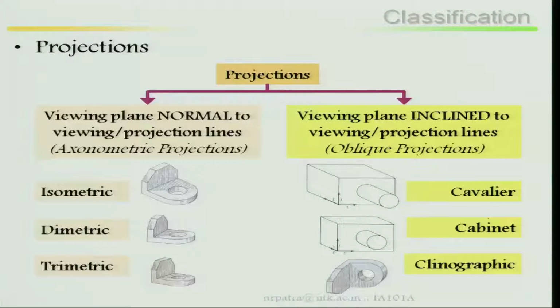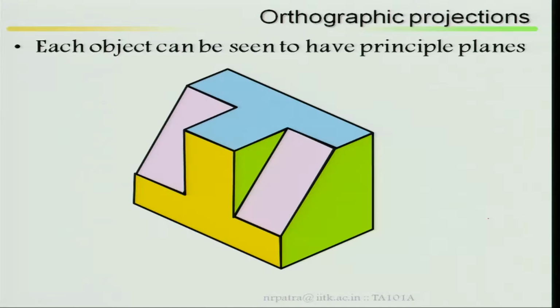Projections are again classified: viewing plane normal to projection lines, which has three types: isometric, dimetric and trimetric. Then viewing plane inclined to projection lines: cavalier, cabinet and clinographic. So this is all the classification of projections and perspective views.